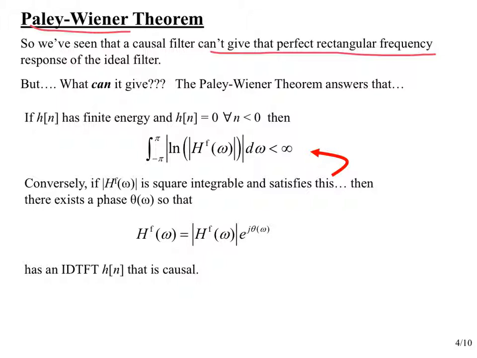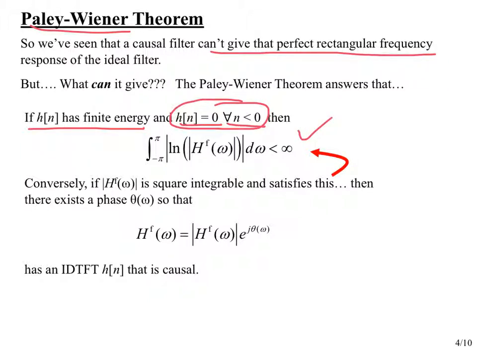So the Paley-Wiener theorem says the following: if h of n has finite energy, which is something that we usually require of our filters, and h of n is equal to 0 for all n less than 0, which is just the causal restriction, then this must be true.